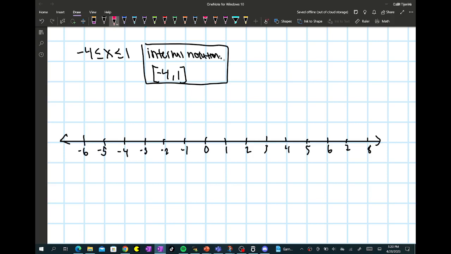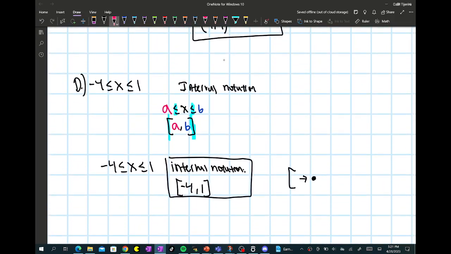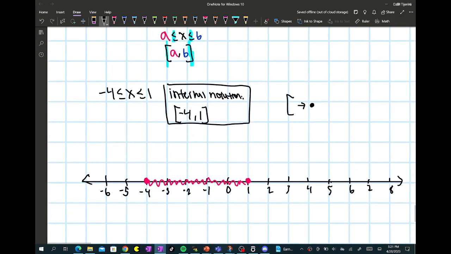So again, we have a bracket. So bracket again means closed dot. So we would say a closed dot over here. And then we also look at 1. So 1 also has a bracket, right? So we would put another one over here. And in between, we would just shade in between. Right? And this implies that our interval is from -4 to 1, and it's included. So always remember that bracket means included, parentheses means not included.